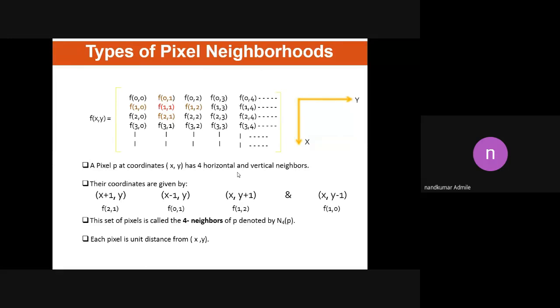How many rows and columns are present depends on its resolution. Out of these 256 rows and 256 columns, if we have to measure the distance between any two pixels, we have to consider this type of neighborhoods: D4 distance, D8 distance, connectivity, right?